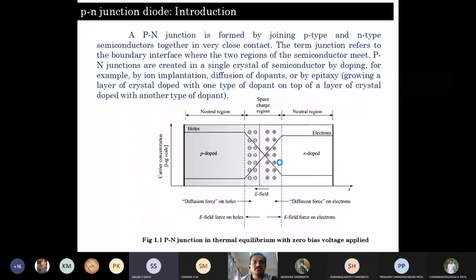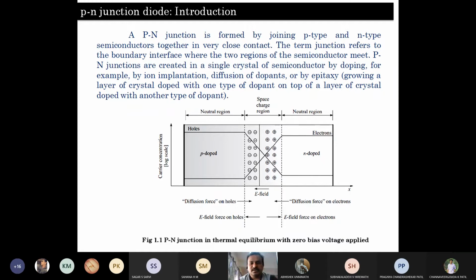Let us go for the PN junction diode. An introduction. As you all know, it is a connection of two semiconductor materials, one is P-type and another is N-type semiconductor material.